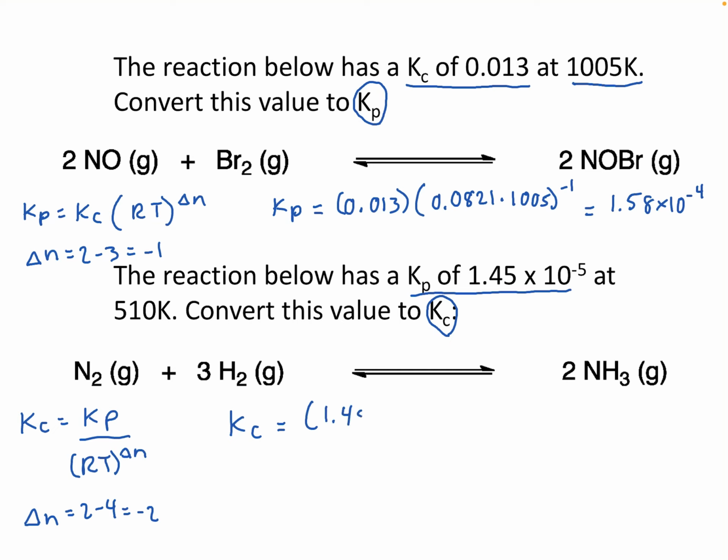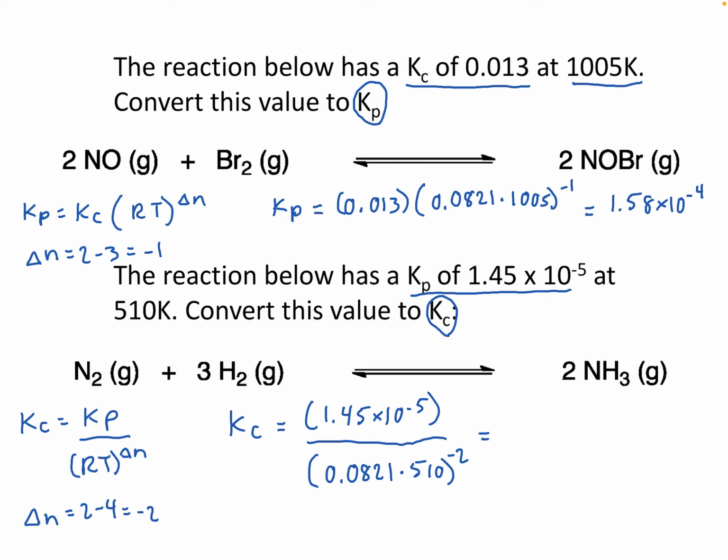So Kc equals Kp, which is 1.45 times 10^-5, divided by (RT)^Δn, 0.0821 liter atmosphere per mole Kelvin, times the temperature in Kelvin, 510, raised to the negative 2 power. But it's in the denominator, so really it's the second power, but in the numerator.